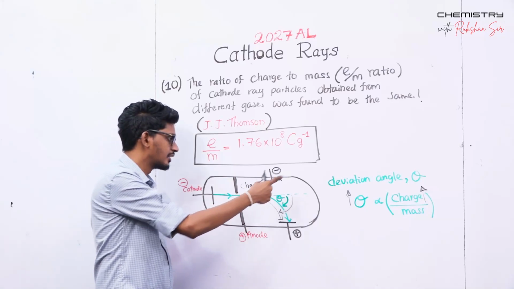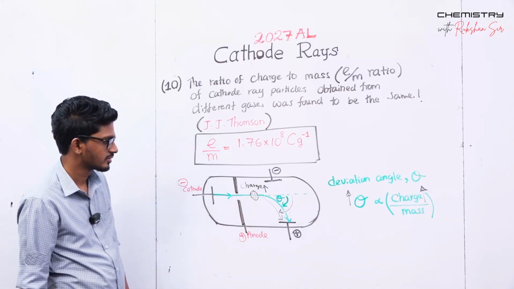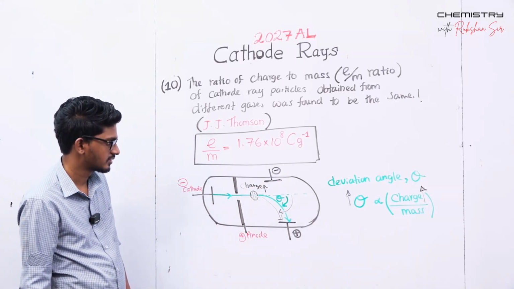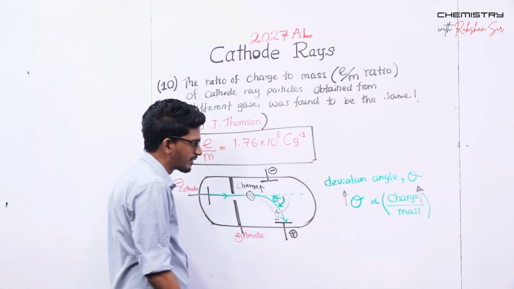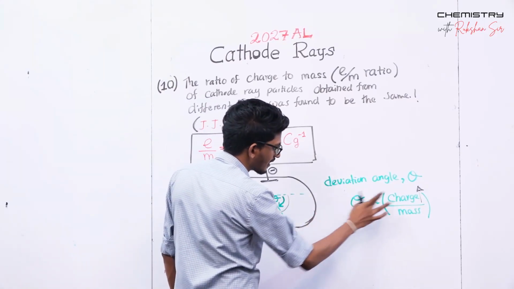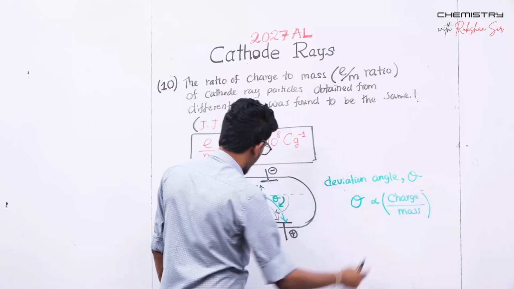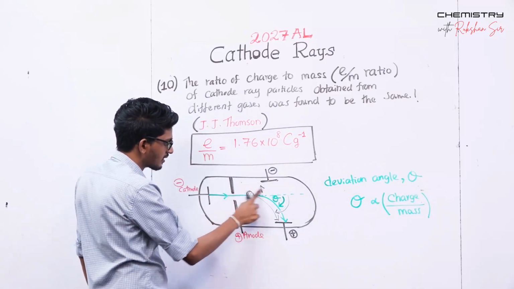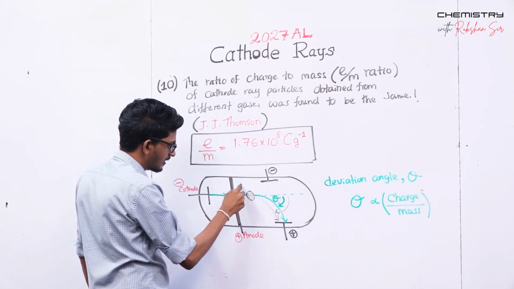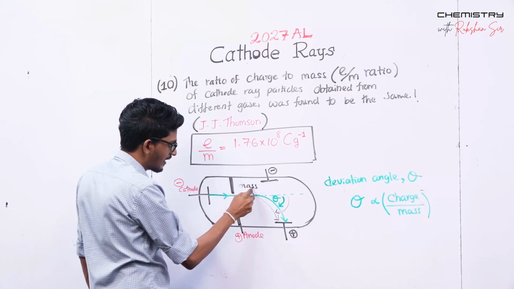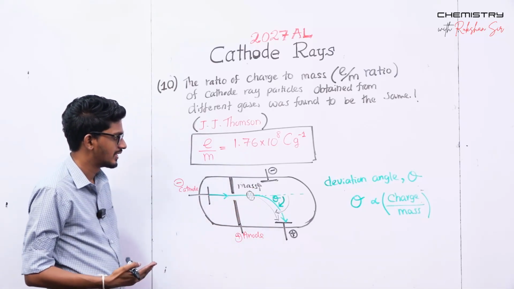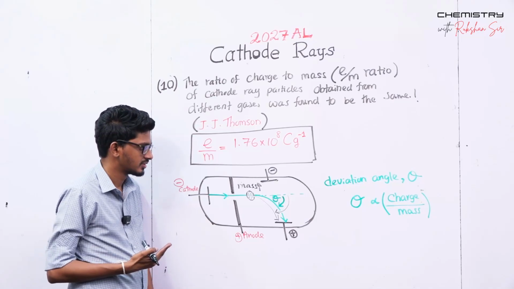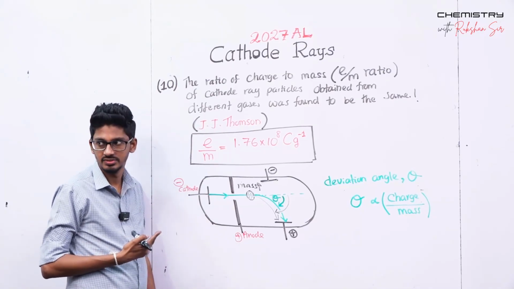So this deviation angle is proportional to the charge over mass ratio. That is what we are explaining here. When the mass is high, the opposite. Mass is high means, when you have a higher mass, you are not that keen to change your movement, which is known as inertia.